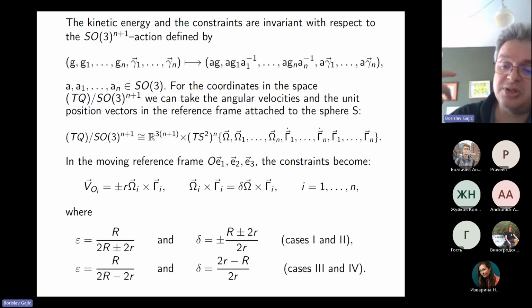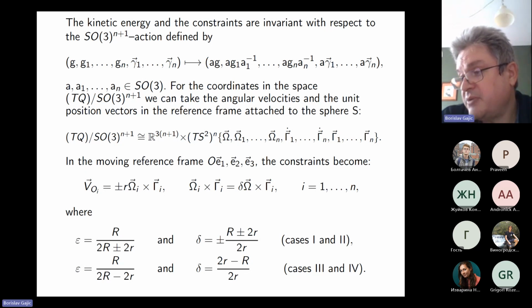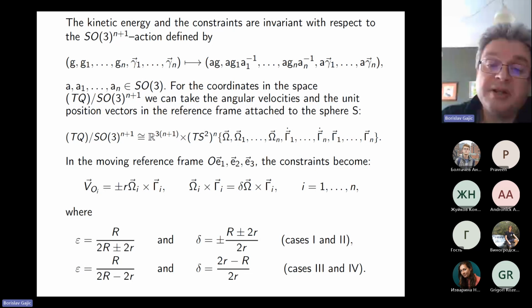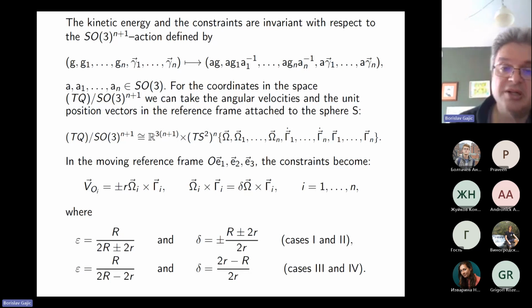So the original reference frame we can take arbitrary. And A1 to An, we have the freedom in choosing reference frames attached to the balls because they are homogeneous. So we have a combination of left and right action. It is interesting. In rigid body dynamics, usually we have one action, but now we have a combination of two actions. And this is the reduced space.